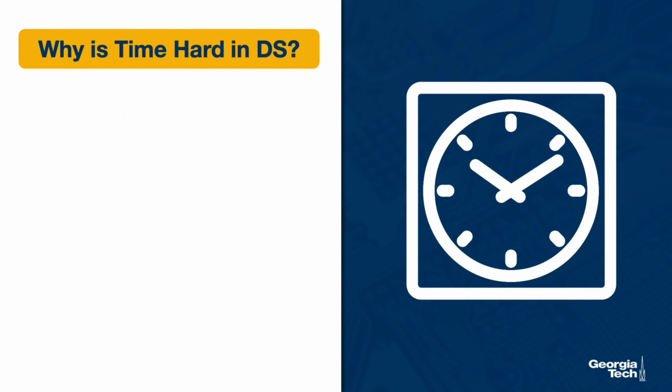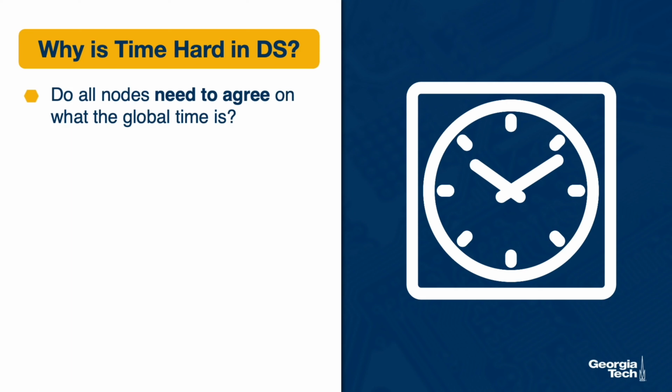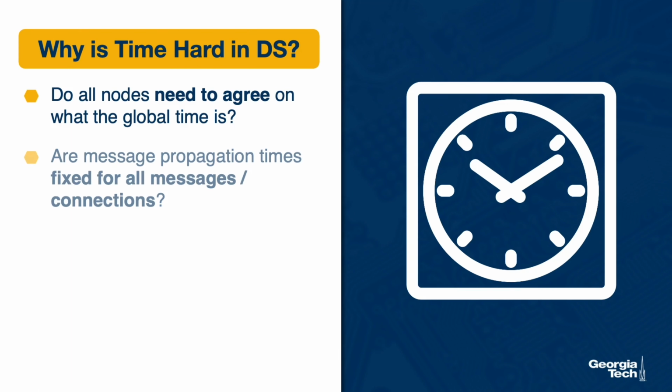In summary, these examples illustrate several aspects that make reasoning about time, and how events are ordered with respect to time, very difficult in distributed systems. Guaranteeing consistent availability of globally synchronized clocks is hard. There is no guarantee that the messages will take fixed time to propagate through the network.